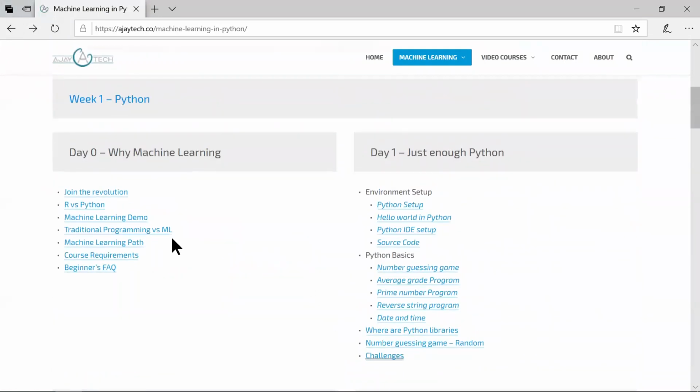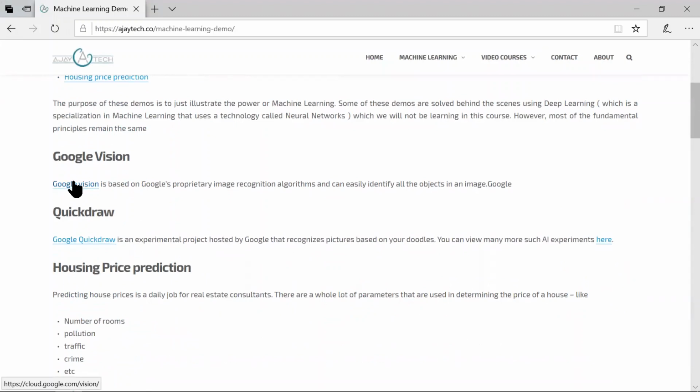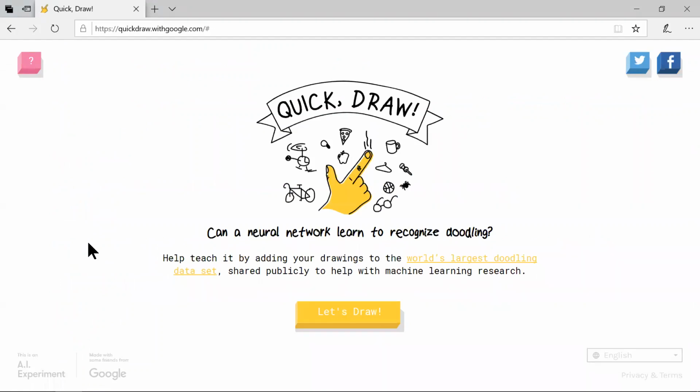Next, let's move on to a machine learning demo. Okay. We have seen Google Vision, right? The first thing that we have seen is Google Vision, where we show an image and then Google already identifies the data. Next, I want to show you another example, Google Quick Draw. Okay, so you can play this game when you have some time.